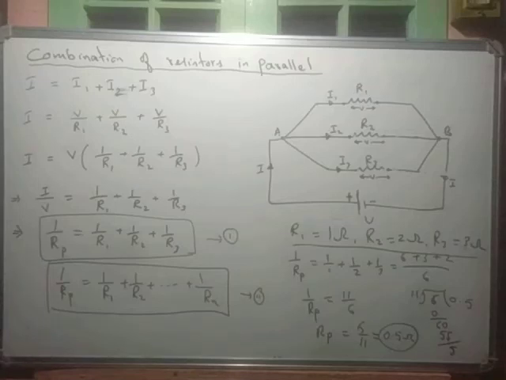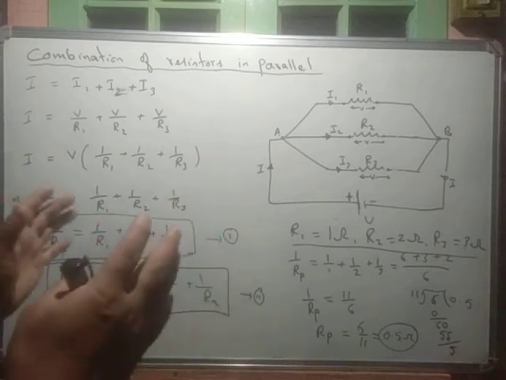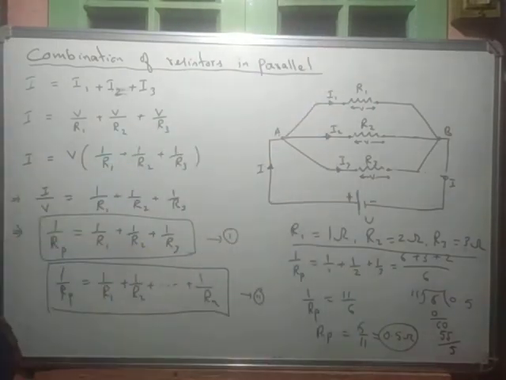Please note down that in exams, if a question asks you to derive the total resistance of resistors connected either in series or parallel, you should draw a circuit diagram. If you don't draw a circuit diagram, you will not get full marks.